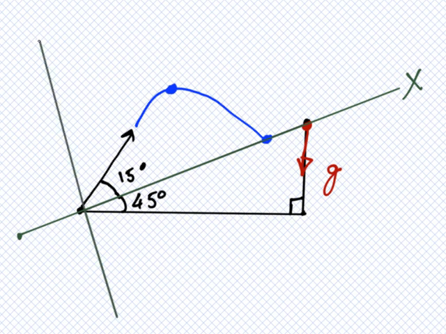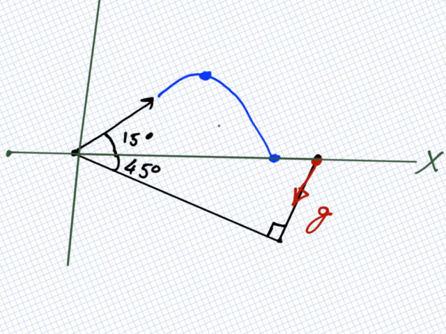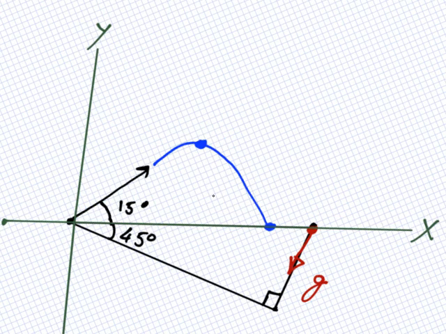Now you see, you're turning your head, but don't worry, I'm way ahead of you. So I've turned it for you, okay? So you see, in this picture here, you might think, oh, this is just like a normal problem. I just resolve.